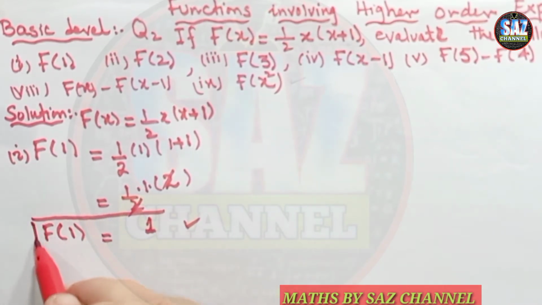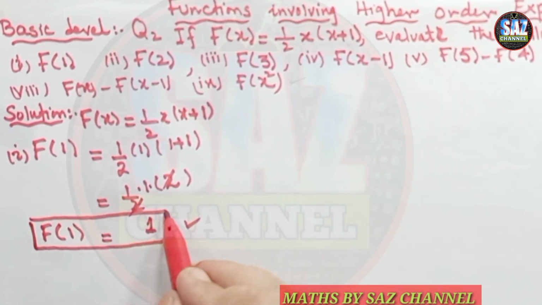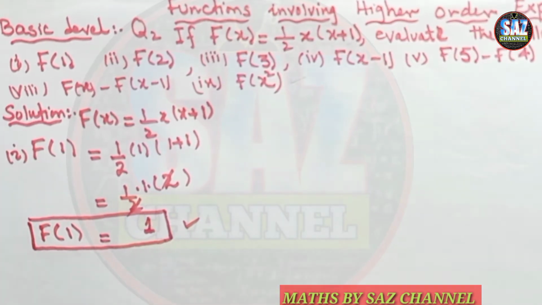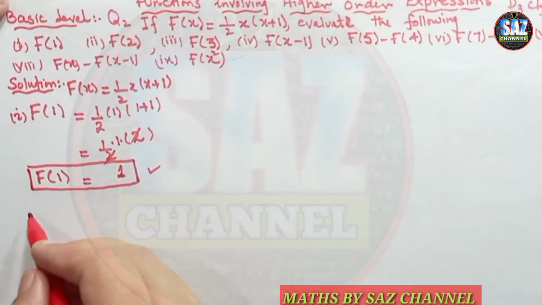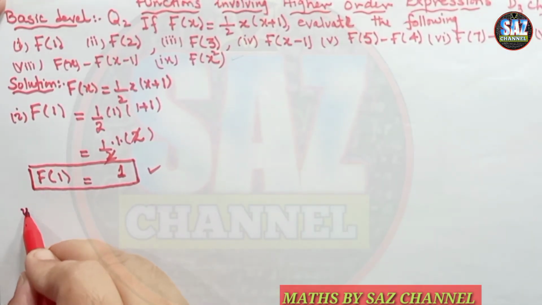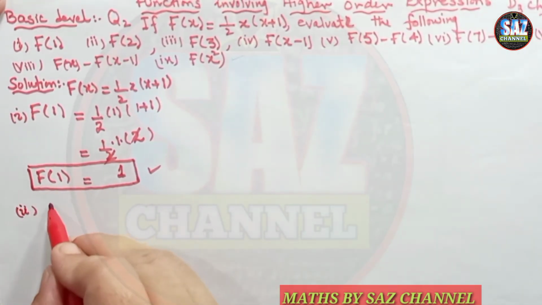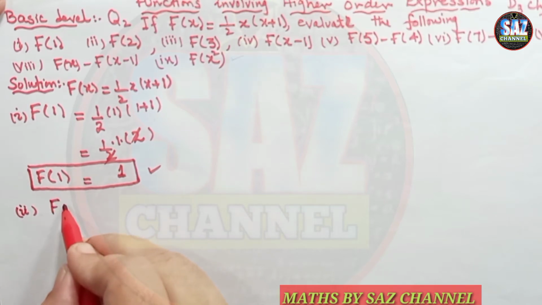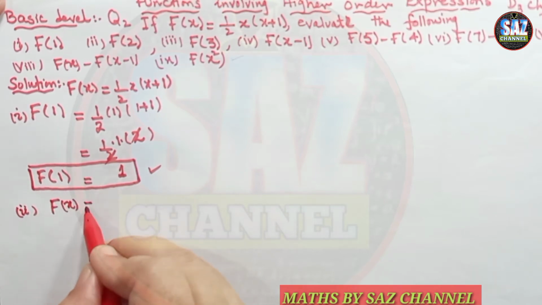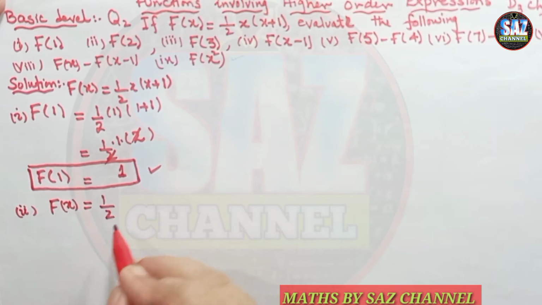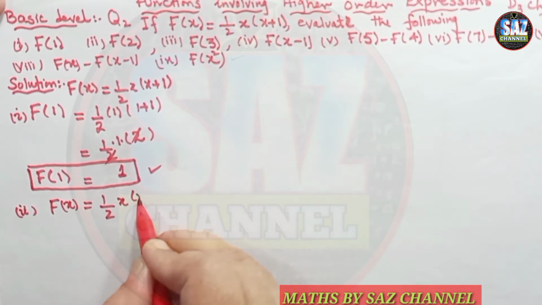Very easy parts. We just have to replace the value given in the given function, and we have to evaluate the function at that point. The second part is f of 2. Again, I have to take the original function f of x equals half into x and x plus 1.